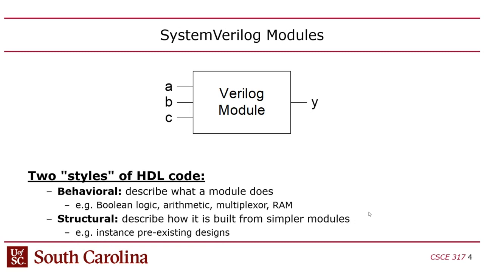You don't have to have those in separate files. You can mix and match them. But generally speaking, when you look at HDL, I'll tell you that most HDL is structural. 99% of it is structural, because it turns out that the behavioral code is usually only at the bottom level, and everything as you build up from the bottom up is all structural. So you end up with some simple components that are behavioral, like a multiplexer or a register or a RAM, but then you take those components and you connect them using structural code up and up and up the hierarchy until you end up with a really complex design.